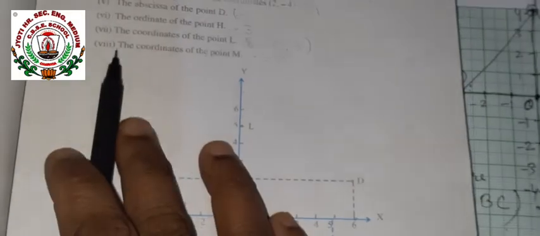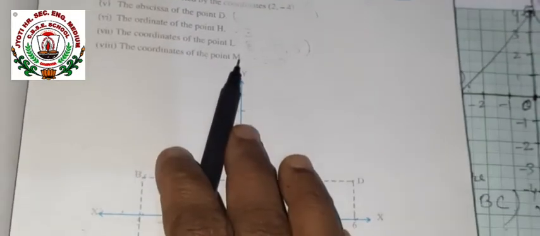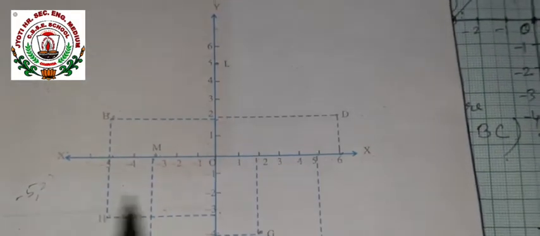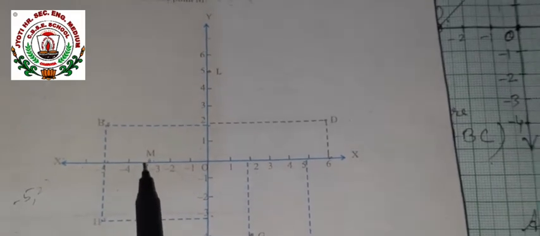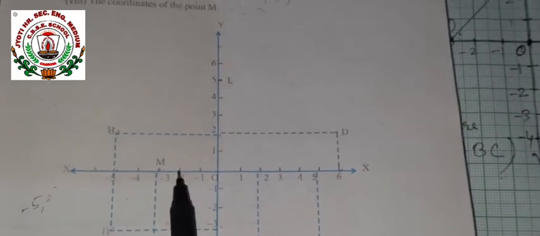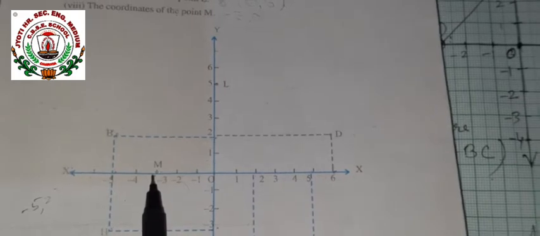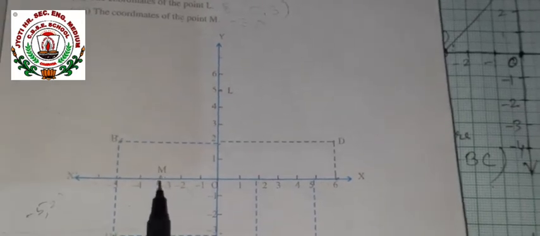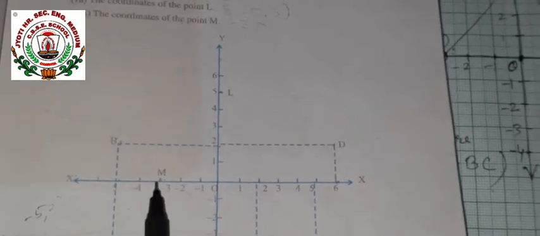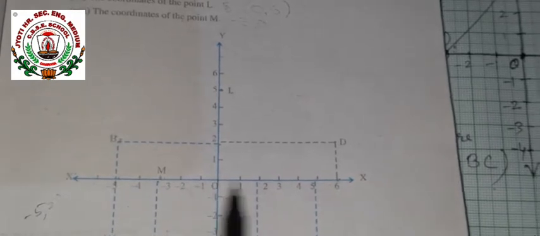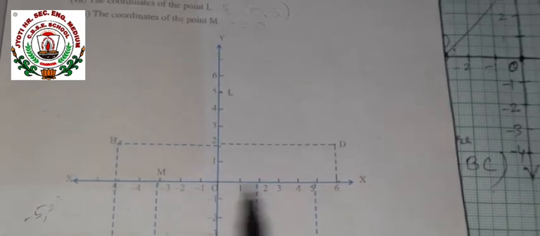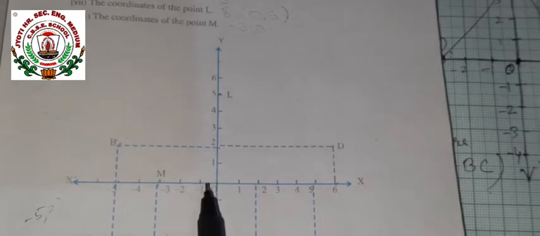Okay. Now next, the coordinate of the point M. In the figure you see, where is M? You can see here is M. So M means -1, -2, -3. X value we will take first. So -3, comma, y axis what it is? Because it is lying in x axis only. So y value will be 0. Right?